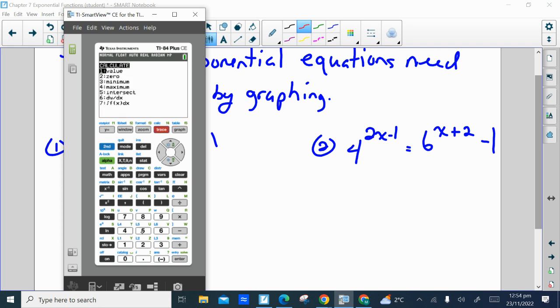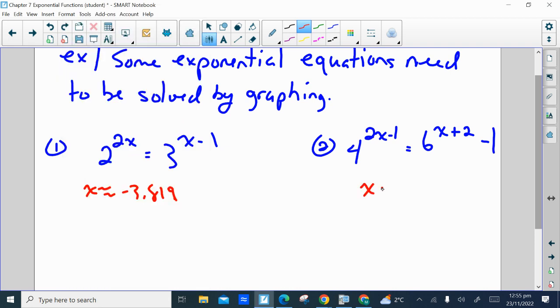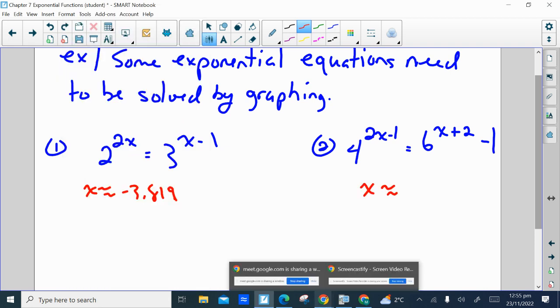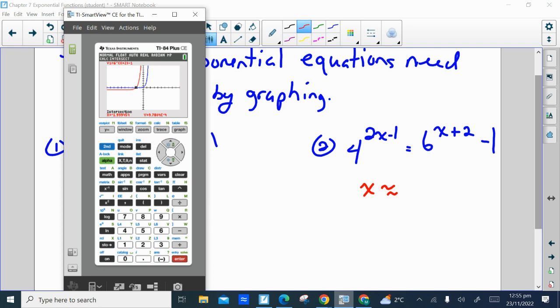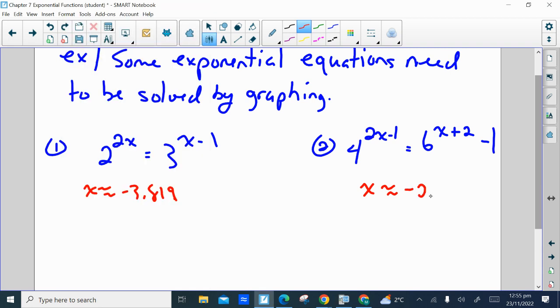Second function trace, number 5 for intersect. Approximately 1.999 or approximately 2.